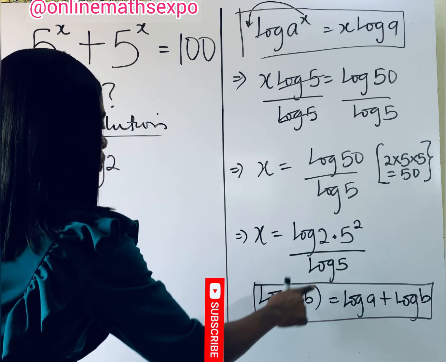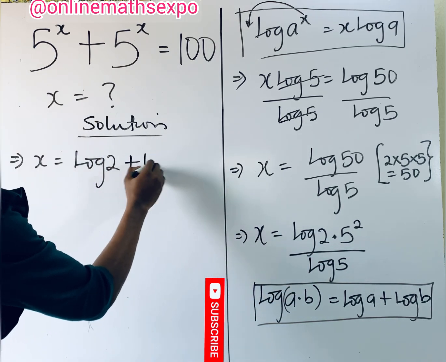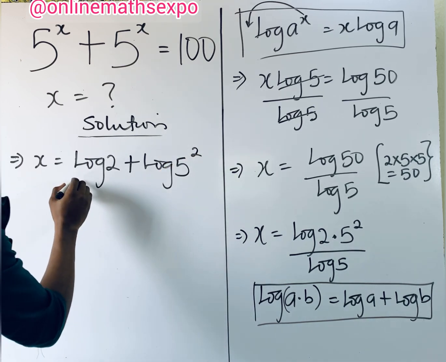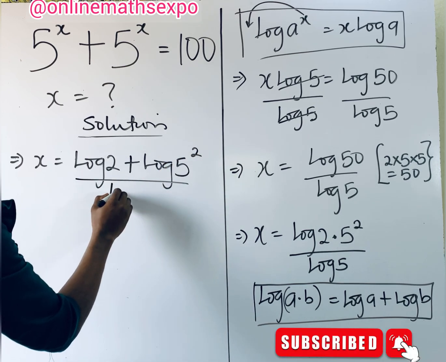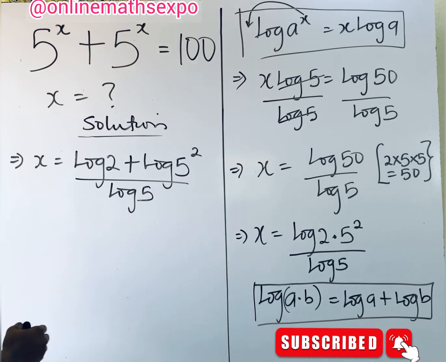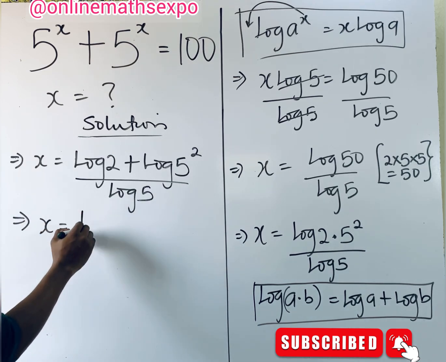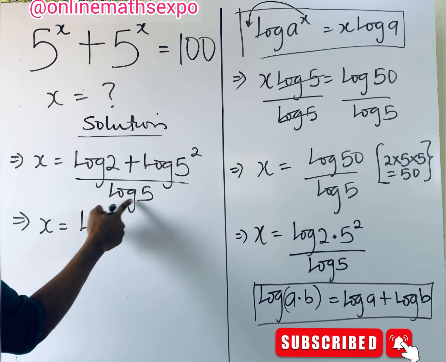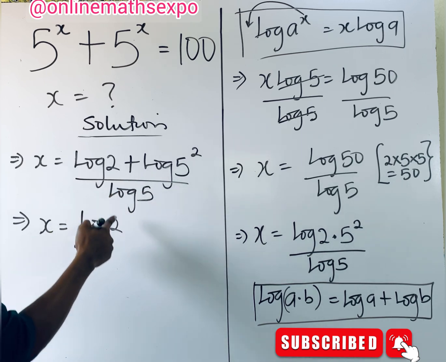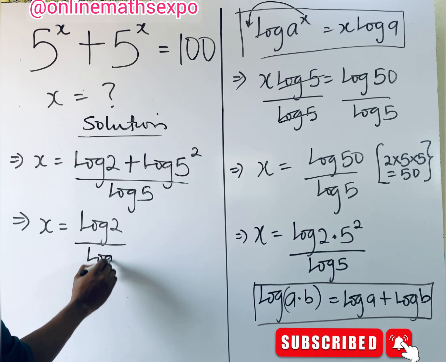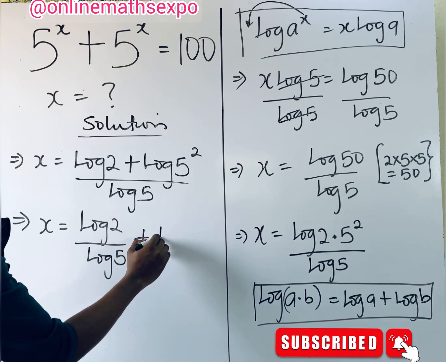Observe that this is multiplying, so it's log of 2 plus log of 5 to the power of 2, then divided by log of 5. Now what do you do again? This gives us x is equal to log of 2. You can use this log 5 to divide each, because it's the denominator of the two numerators, so you can split it, then plus log of.